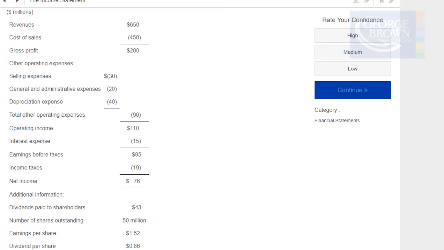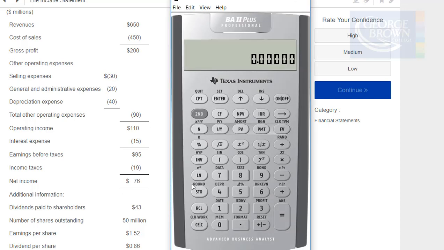So just to be clear on that EBITDA calculation, I've got the income statement up for ABC Company for 20X2, and we can see the operating income is 110 million, and that's earnings before interest and tax, because the very next item is interest. So how do we calculate the EBITDA? Well, we'd start with the EBIT, which is 110, and we'd add back the DA, which is the depreciation expense of 40.